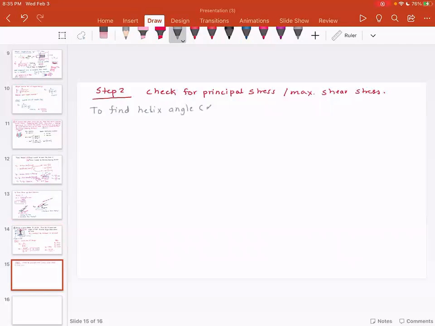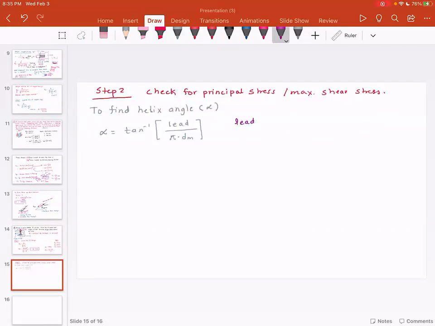Now the equation for helix angle is alpha equal to tan inverse of lead divided by pi times the mean diameter. Now please note, in this particular problem, unfortunately, the lead is not directly known, but the only thing we know is it's a single start.